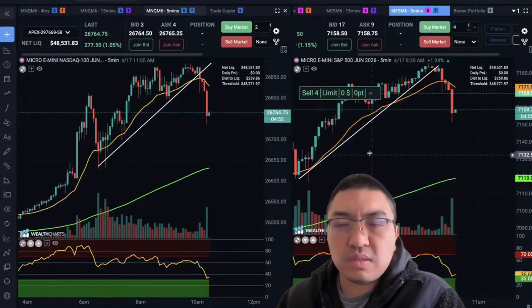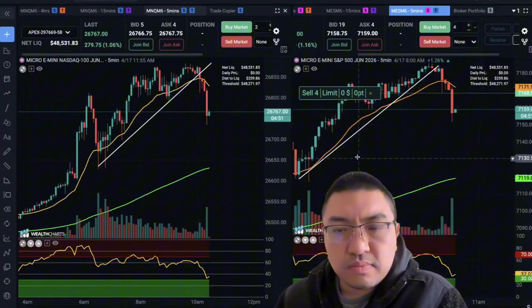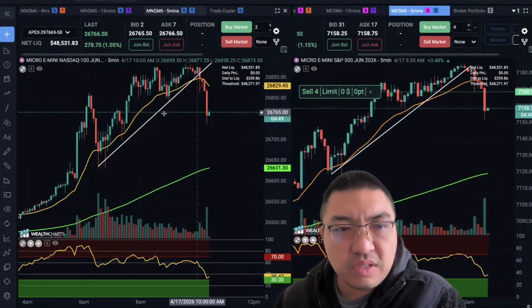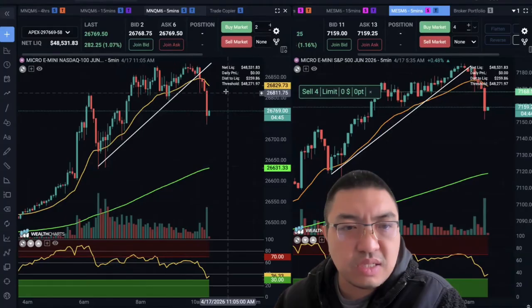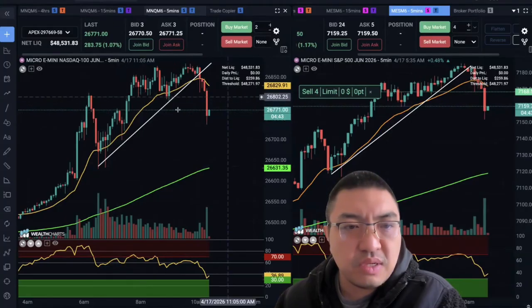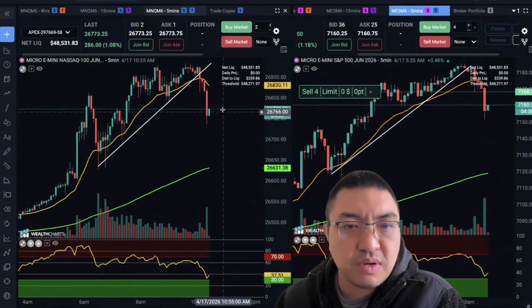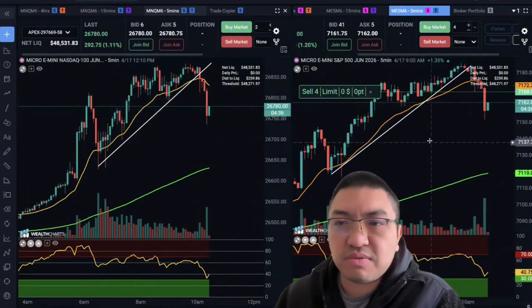Let's see. For NQ, it's already at a resistance somewhere here. This is the resistance, this is the support zone. The previous resistance, after it breaks out, becomes a support. Let's see if this support is effective.